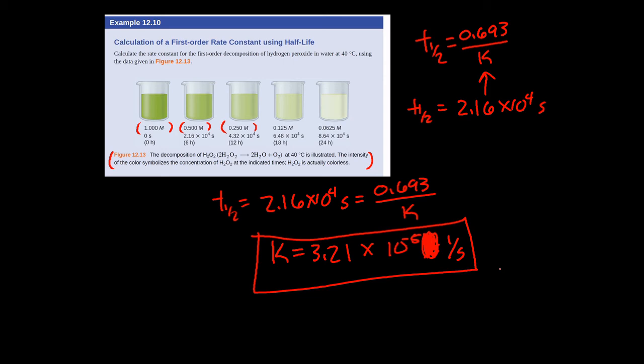So pretty slow. That is pretty slow. But that is the reaction that occurs in hydrogen peroxide. This is one of the reasons why we keep hydrogen peroxide in a brown bottle, because light actually catalyzes this reaction. It makes it go much faster. But even if you keep it in that brown bottle, over time, hydrogen peroxide does break down.